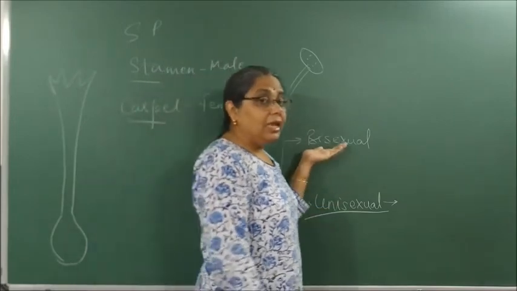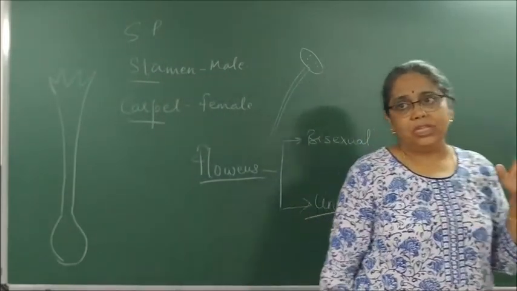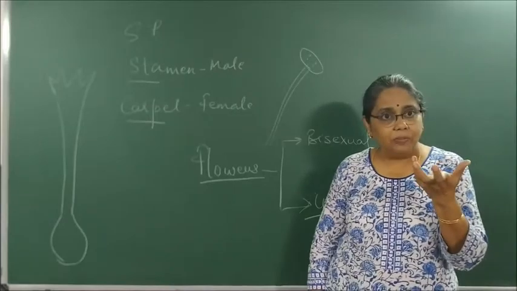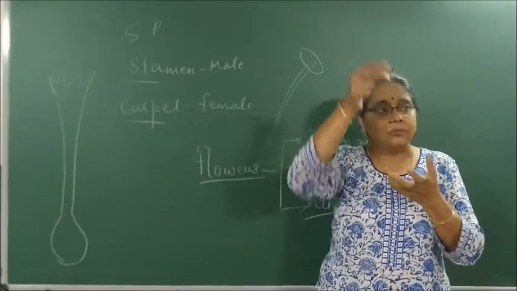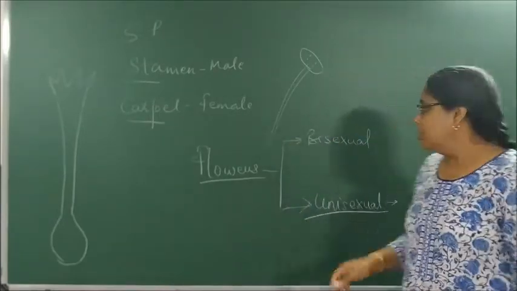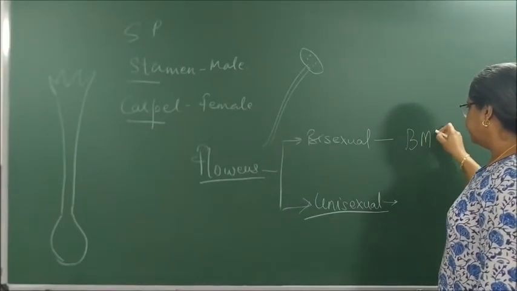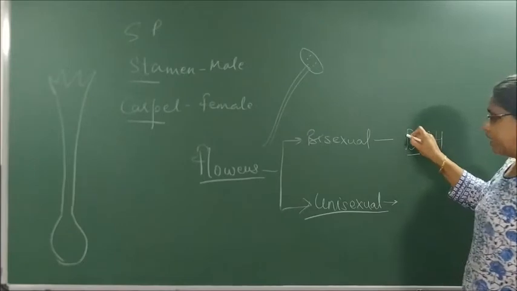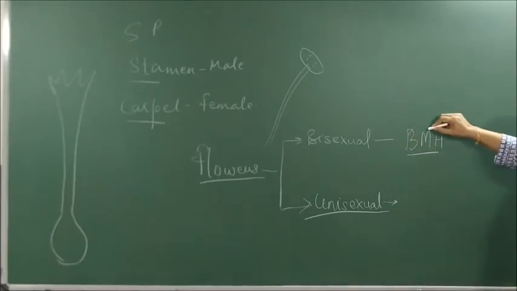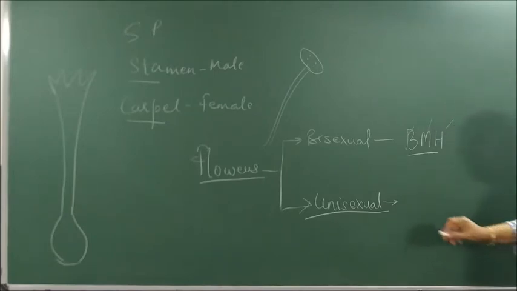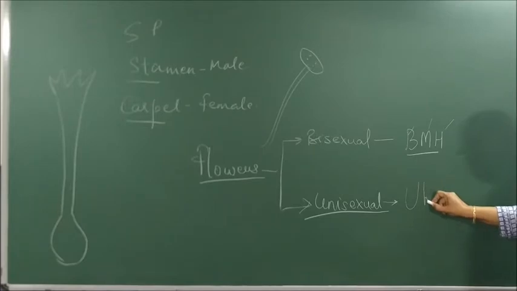Bisexual means in the flower it will have both the sexes. Like hibiscus had both. It had stamen as well as carpel. So bisexual flower, remember BMH. Bisexual flower, example is what? Mustard. You have seen mustard flower. And hibiscus. Unisexual flowers are watermelon and papaya.